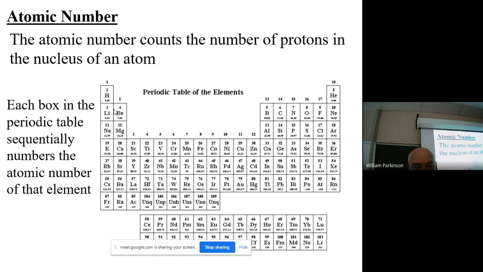Everything in the table from uranium on is radioactive. Uranium is element 92. Everything after that has too many protons for the nucleus to hold together correctly, no matter what number of neutrons you mix in there.